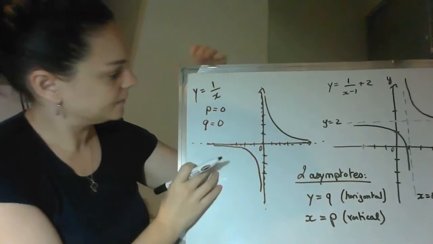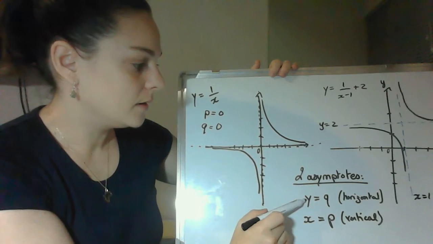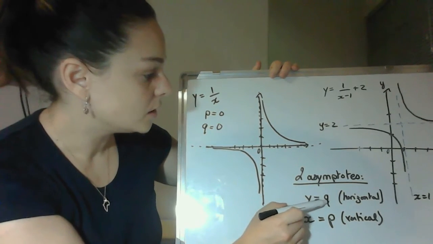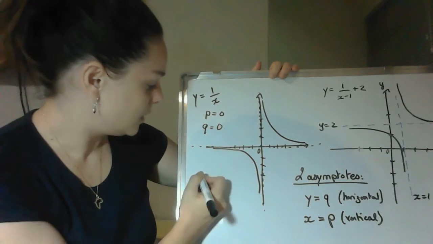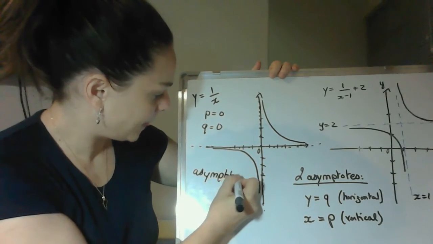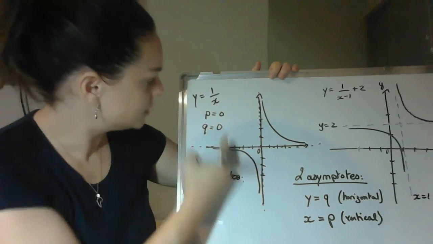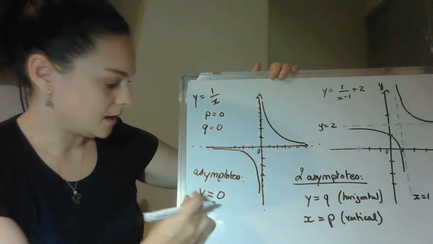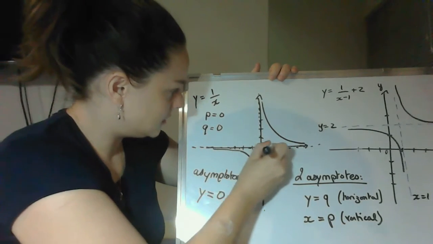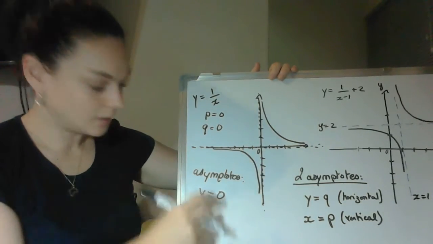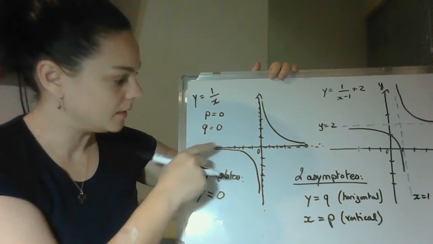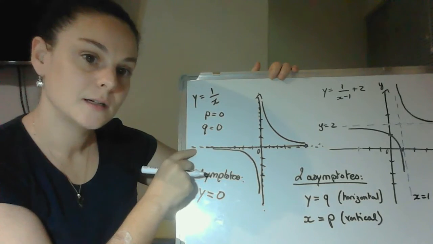So that means the horizontal asymptote is y equals q, so we have the first asymptote as y equals 0. And y equals 0 corresponds exactly to the x-axis. So our first asymptote is y equals 0, and that's here the x-axis.